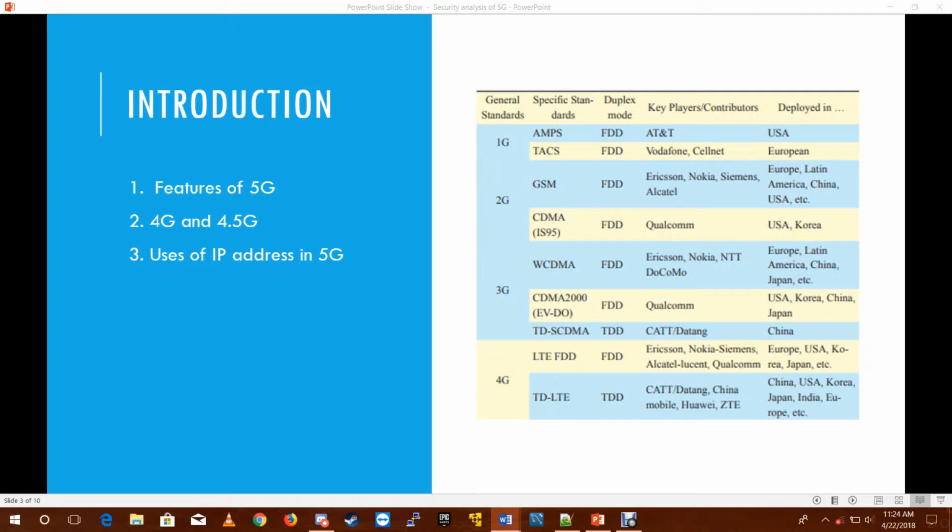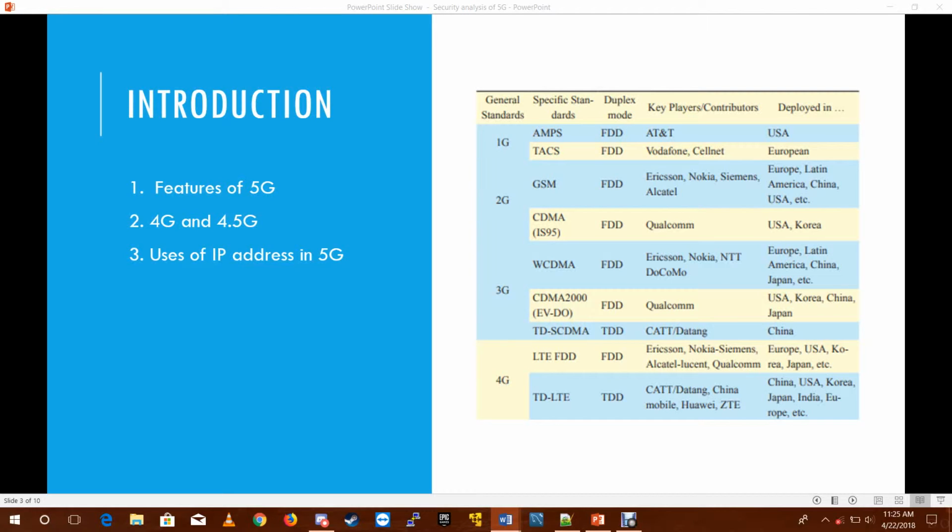From the figure you can see the standards from 1G to 4G and how their standards, duplex modes, contributors, and deployed regions are shown. Talking about 1G to 4G: AMPS, TACS, GSM, CDMA, WCDMA, CDMA2000, TD-SCDMA, LTE-FDD, and LTE-TDD.